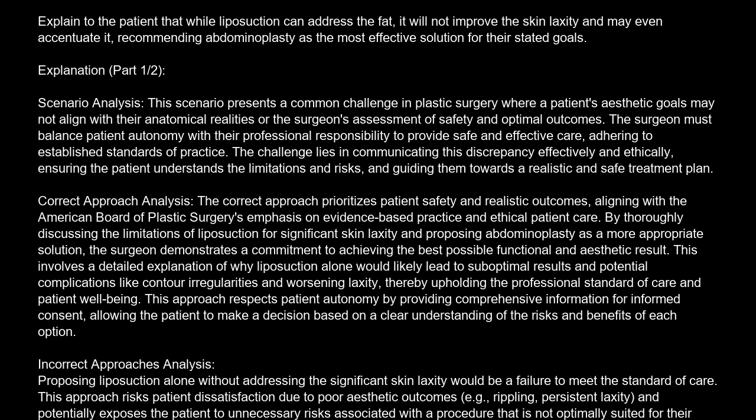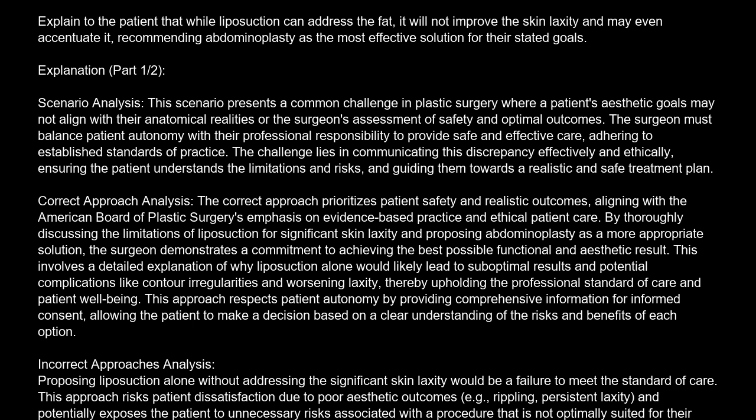Correct approach analysis. The correct approach prioritizes patient safety and realistic outcomes, aligning with the American Board of Plastic Surgery's emphasis on evidence-based practice and ethical patient care. By thoroughly discussing the limitations of liposuction for significant skin laxity and proposing abdominoplasty as a more appropriate solution, the surgeon demonstrates a commitment to achieving the best possible functional and aesthetic result.